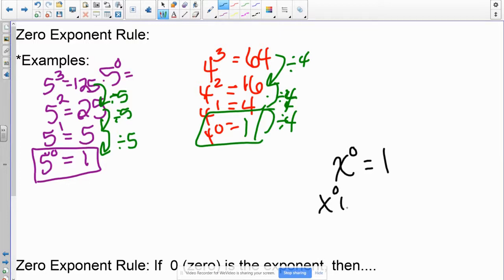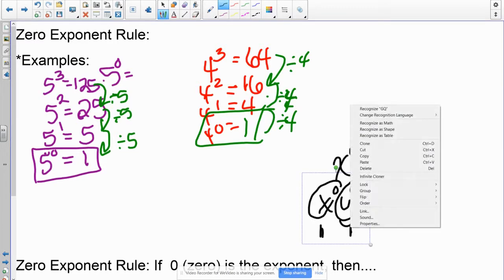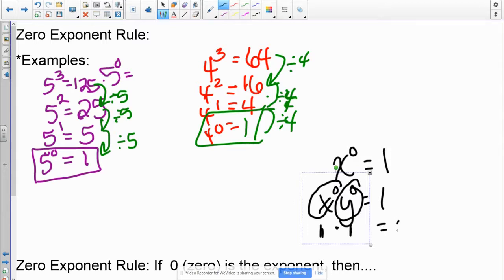X to the 0 power, y to the 0 power is 1. So anytime you get any type of base to the power of 0, the outcome is going to be 1. If we go back to this one, just to make sure you understand, this is 1, this is 1, so that's why 1 times 1 gets back to 1.